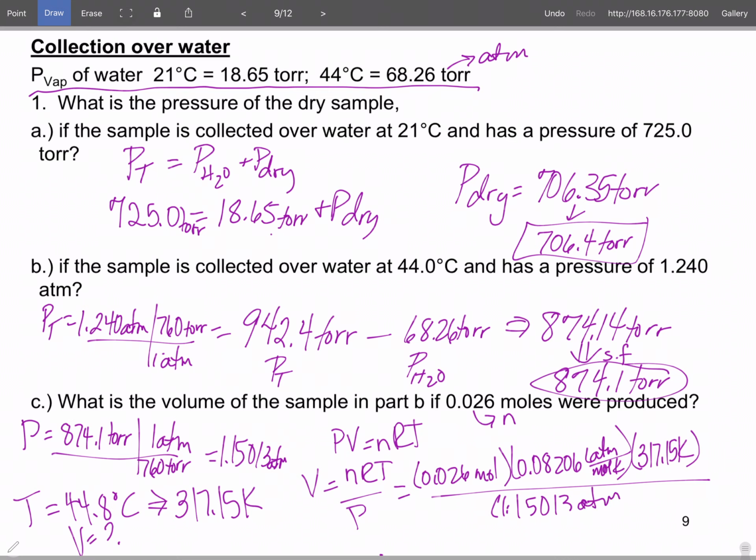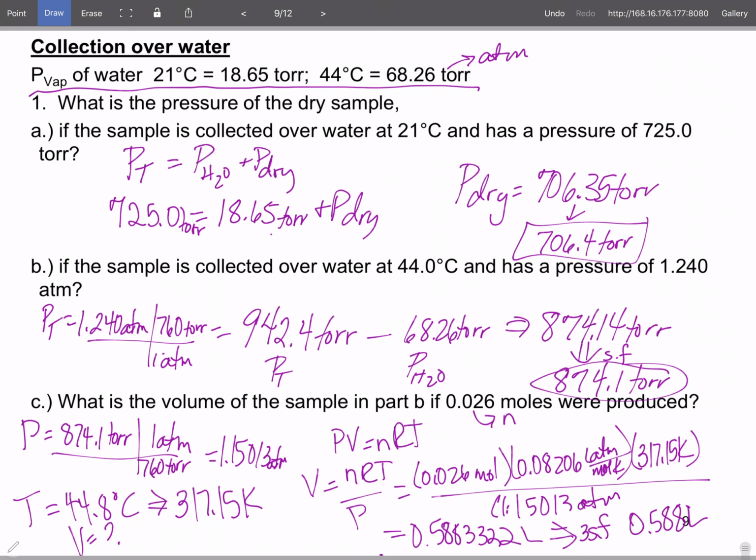So when we do the math, we end up with 0.5883322 liters. So if I tell you to report it in three significant figures, it'd be 0.588 liters.